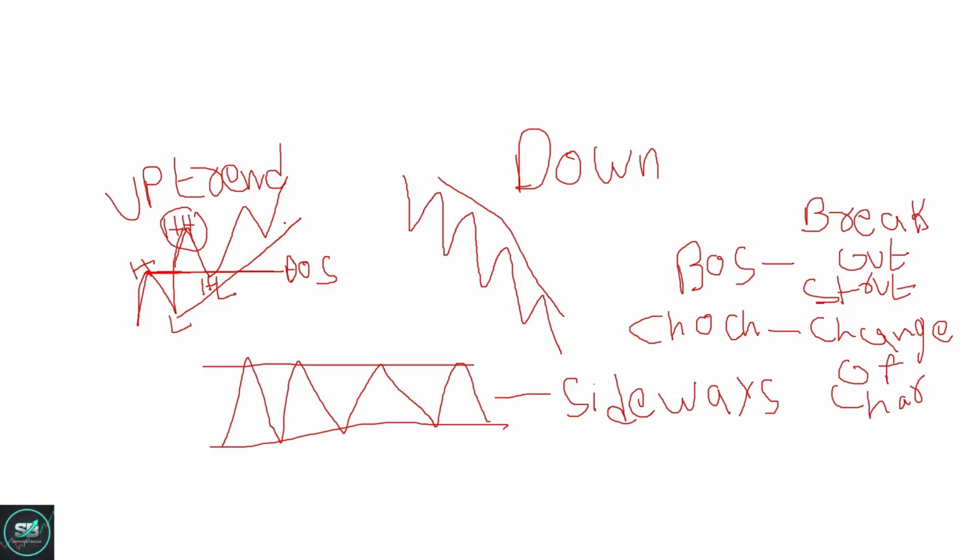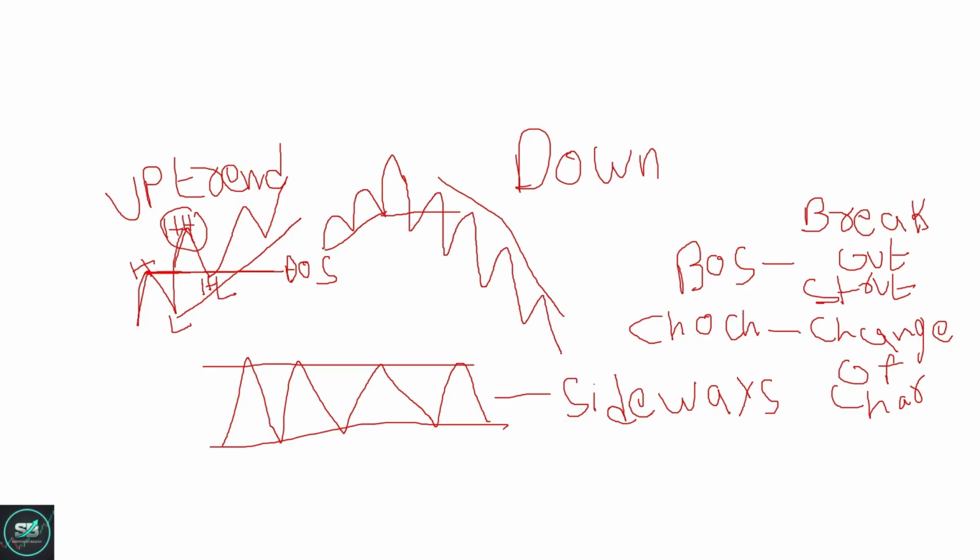Suddenly you will see price break the previous low inside an uptrend. Price has moved like this in the upward direction. Suddenly you will see a change in the structure where price breaks this higher low.